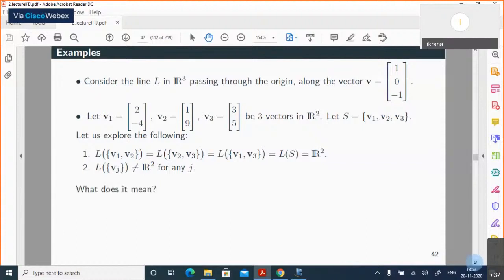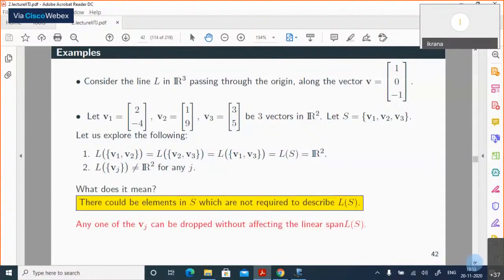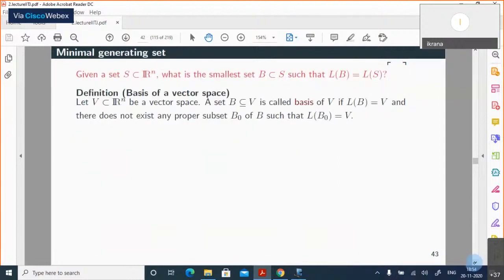So what does that mean? It gives us something about how many elements are required for the linear span to be equal to R2. We are getting that at least 2 elements are required. We have illustrations of 2 elements generating R2, meaning the linear span is equal to R2, and I cannot cut back. That gives us the definition of what is called a basis of a vector space.